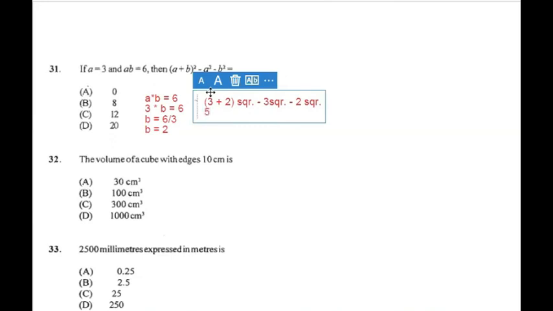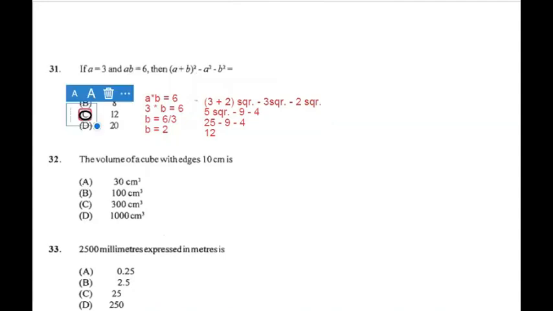And so it becomes 5 square, and 3 3s are 9, and 2 squared is 2 2s, 4. So it is 25 minus 9 minus 4, and that is equal to 12. So our answer for 31 is C.